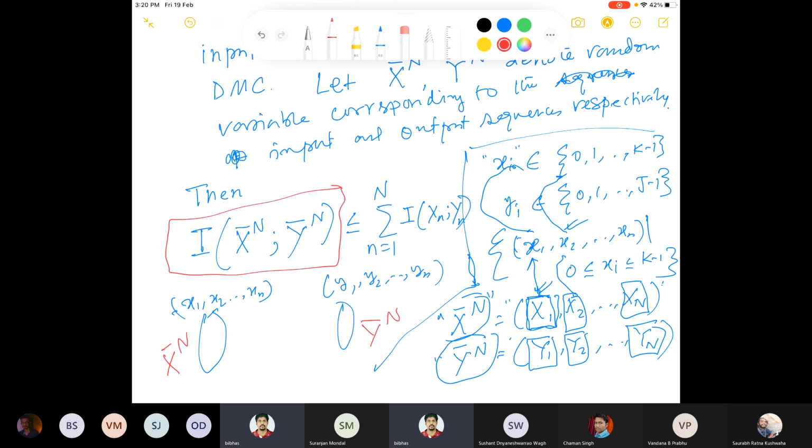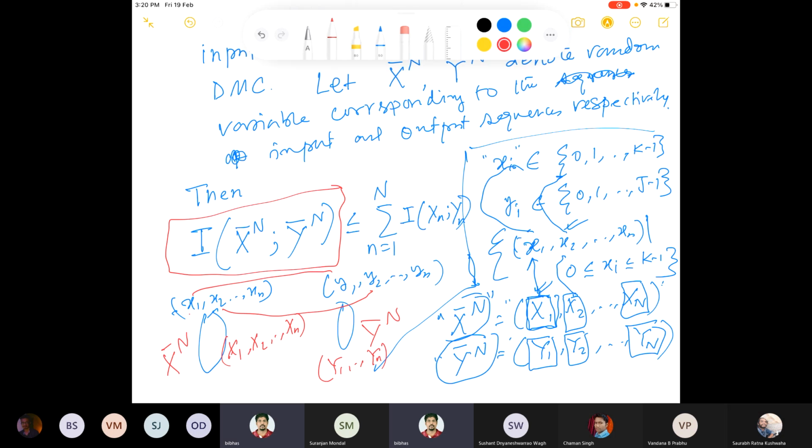So this is the mutual information of these joint random variables. And what the theorem says is that this is always less than or equal to the sum of the corresponding individual terms. For small x1, you have capital X1; for small x2, you have capital X2, and so on. These are individual random variables, and here you have individual random variables.